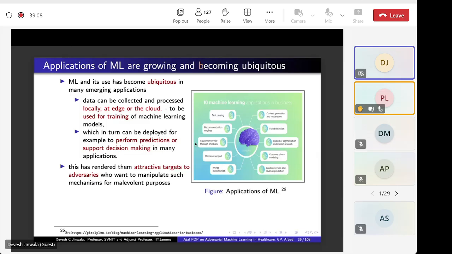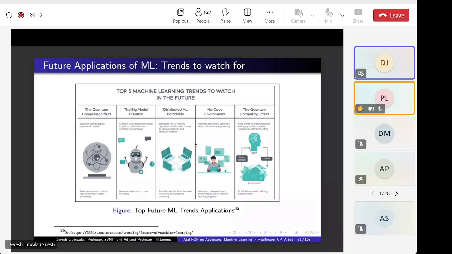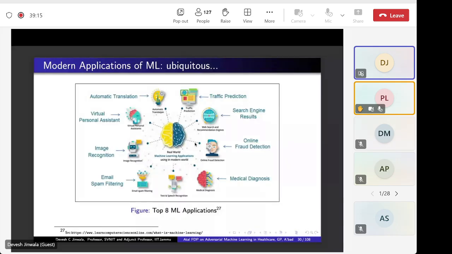What do we mean by attack surface? I'll be showing the attack surface slightly later, and I'll not go into the slides because they talk about different machine learning applications. The slides are basically an effort to convince one who would argue why adversarial machine learning should be studied, or why such attacks should even take place on machine learning.